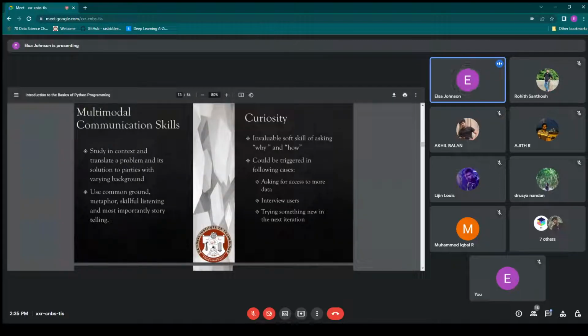So why should you have multimodal communication skills? When you are in a company, for example a power sector company, you might be joining there as a data scientist.